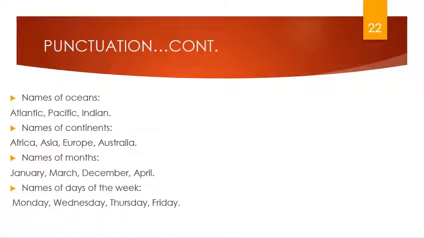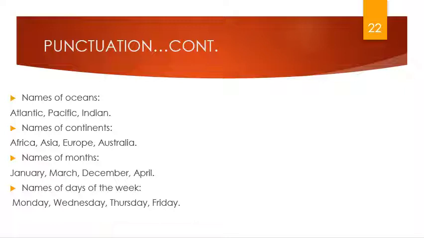All these names are proper nouns because they are names given particularly to a particular place, country, mountain, river, and so on. Names of oceans like Atlantic, Pacific, Indian Ocean are also written with a capital letter at the beginning of the words. Names of continents like Africa, Asia, Europe, Australia, and so on.